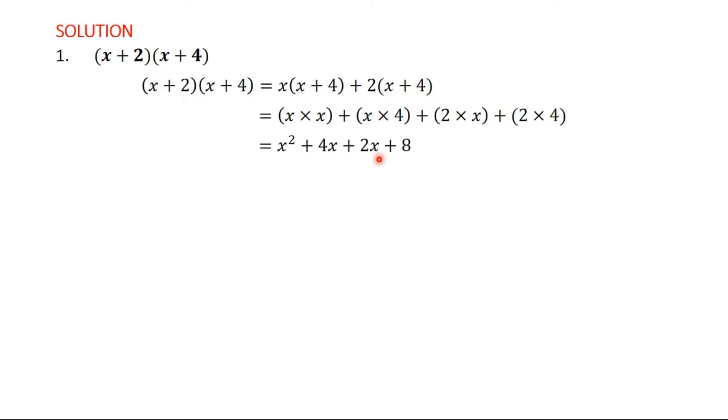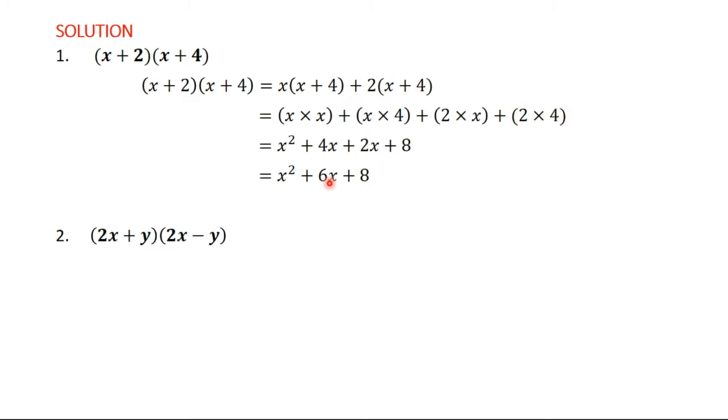So we add them. So we have x squared plus 4x plus 2x, which gives us 6x, then plus 8. If you want to understand how 4x plus 2x gives us 6x, watch the second video on additions and subtractions of algebraic expressions. Now move on to the next example.